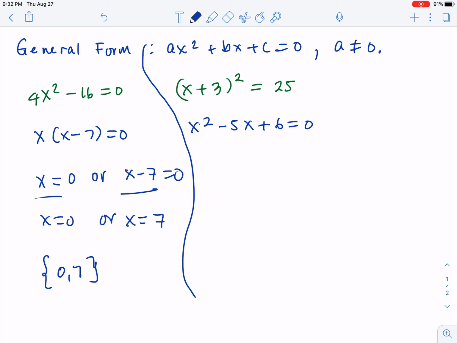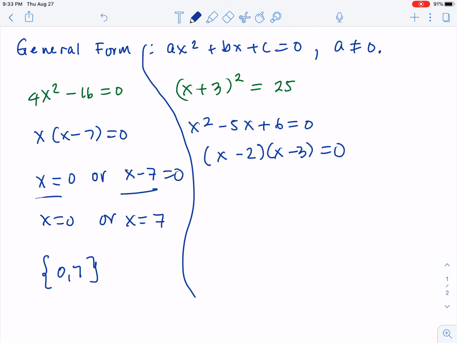Now, for the second equation, we have x squared minus 5x plus 6 equals 0. So, kung hindi nyo pa napag-aralan yung factoring, dapat aralin nyo na kasi bago kayo mag-aral ng quadratic equations, dapat alam nyo na yung factoring. So, if we factor this, magiging x minus 2 times x minus 3 is equal to 0. At magiging 0 lang yan if this is 0 or this is 0.